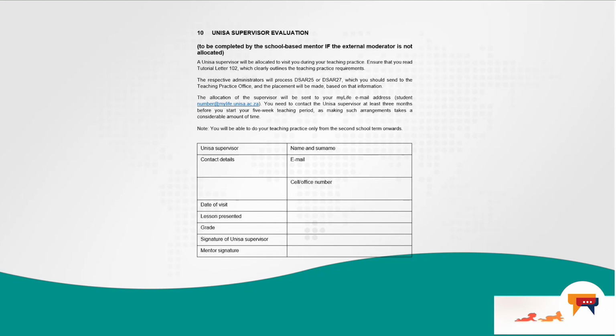But now they are allocated and it is written there. Please do the right thing. It's for your own sake. Don't be lazy if you want to pass cum laude. There your UNISA supervisor will write. If they didn't, then your school-based mentor will complete this.